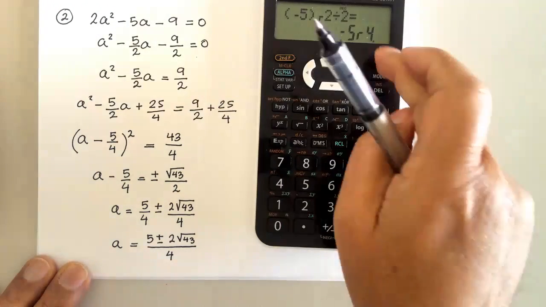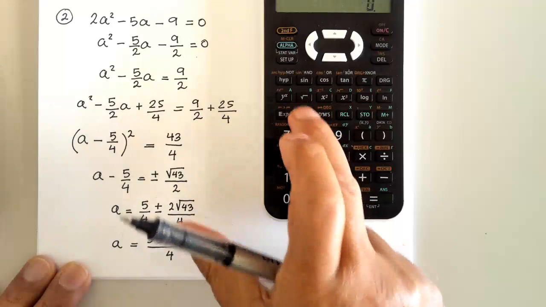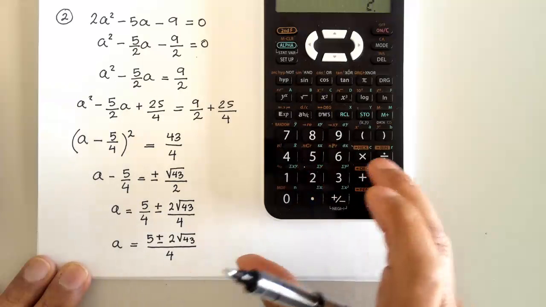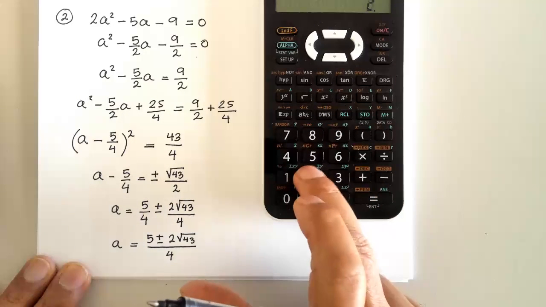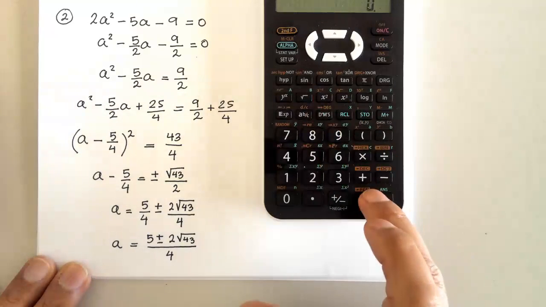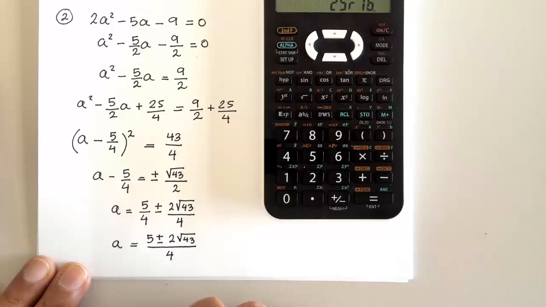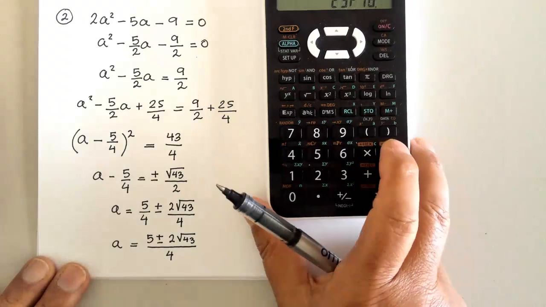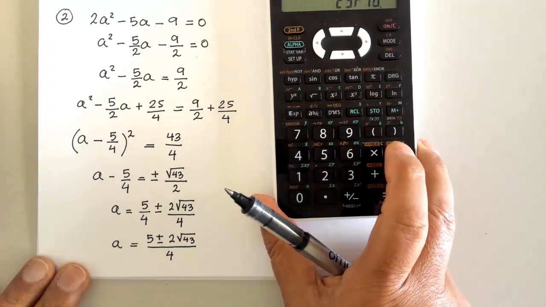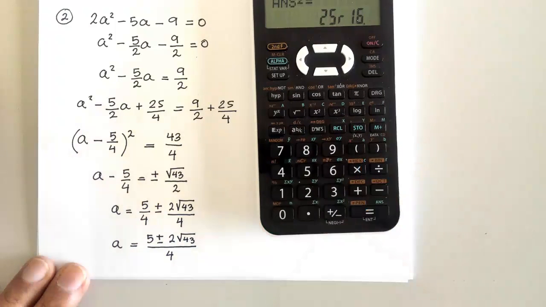So we did -5/2 divided by 2, and then we square that, and the answer was 25/16. Okay, so I made a fundamental mistake in here. It's 25/16.